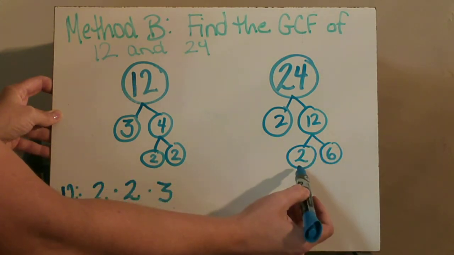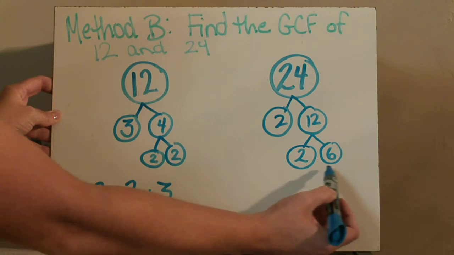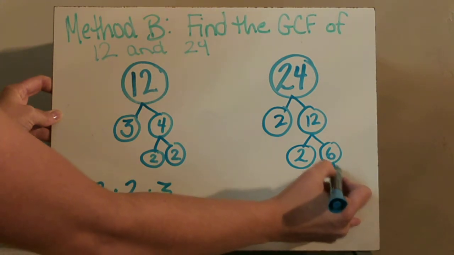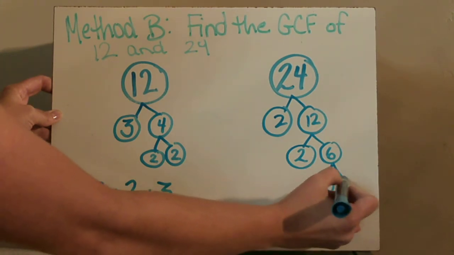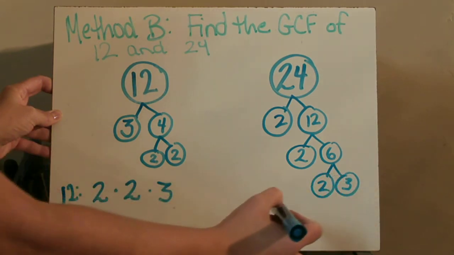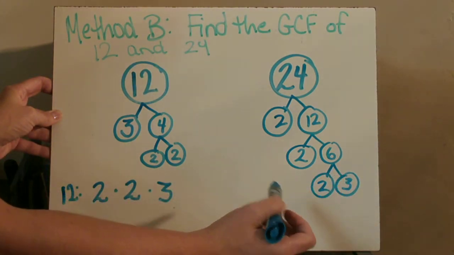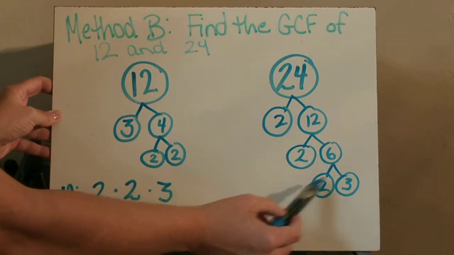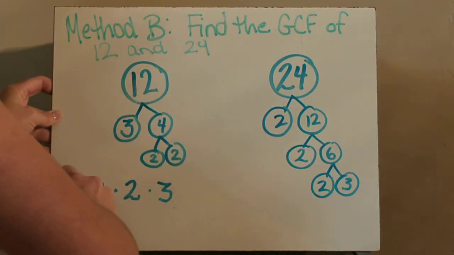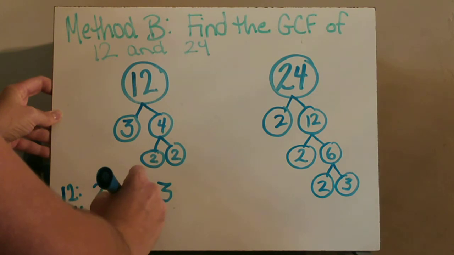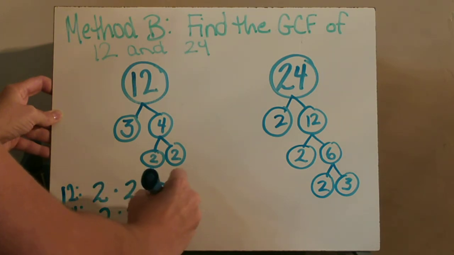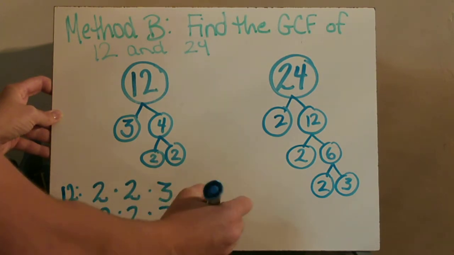Then I'm done here with this 2. It's a prime, but I can keep going with 6. And 6 is 2 times 3. So my prime factors of 24 are 2 times 2 times 2 times 3. So I'm going to come over here and I'm going to write those. So I have 2 times 2 times 2 times 3.